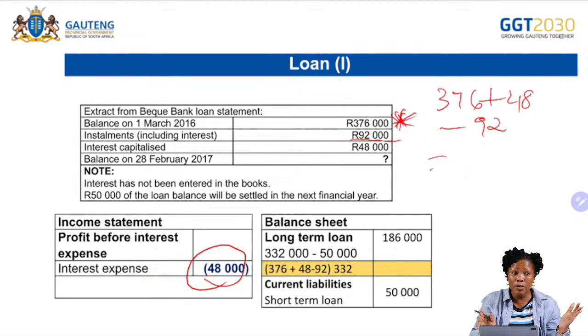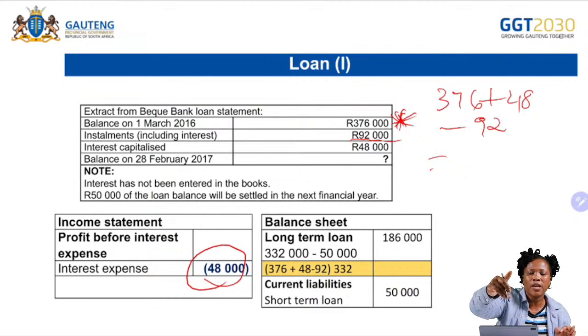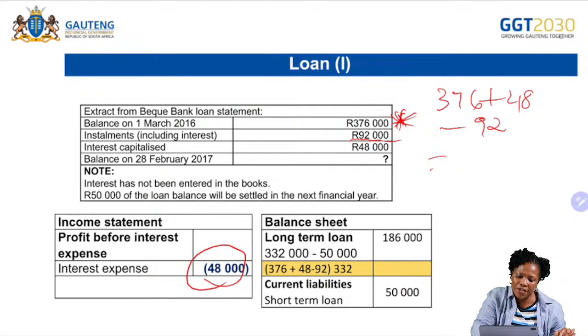This is the amount that we are going to have now in the business as our adjustment. If we have to prepare the trial balance at the end of the year, we're going to reflect 332,000 in our business as a long-term loan.